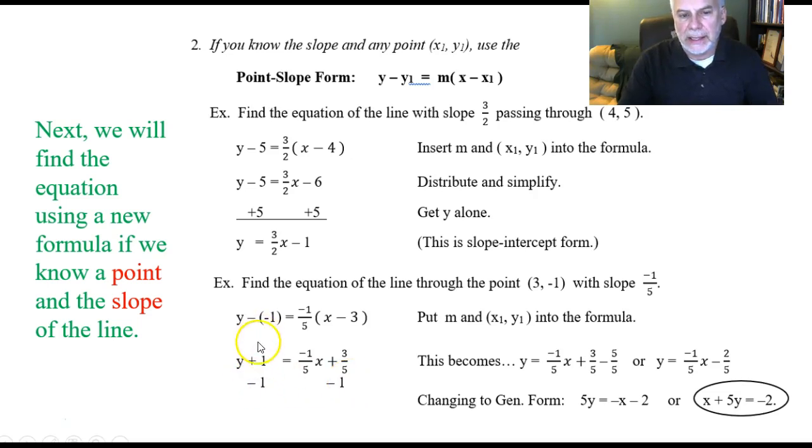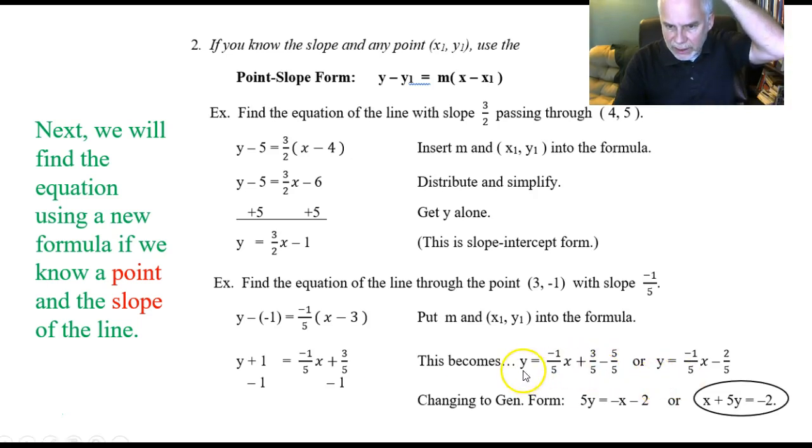Now, I need to get rid of this plus 1 on the left side. So I would subtract 1 from both sides. So that would give us just y. And so what do you do on the right side where you have this 3/5 minus 1? Well, you could get a common denominator and change the 1, or negative 1, into negative 5 over 5.